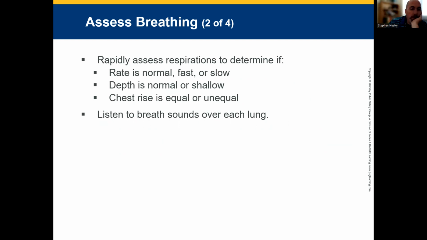Okay. If it's too fast or too slow, we need to make corrections. If the chest rise is not equal on both sides, we need to figure out why. So take the time to auscultate breath sounds. Understand if you need to get that quick supplemental O2 on board, but we also need to figure out what methods we need to use prior to administering that supplemental O2.